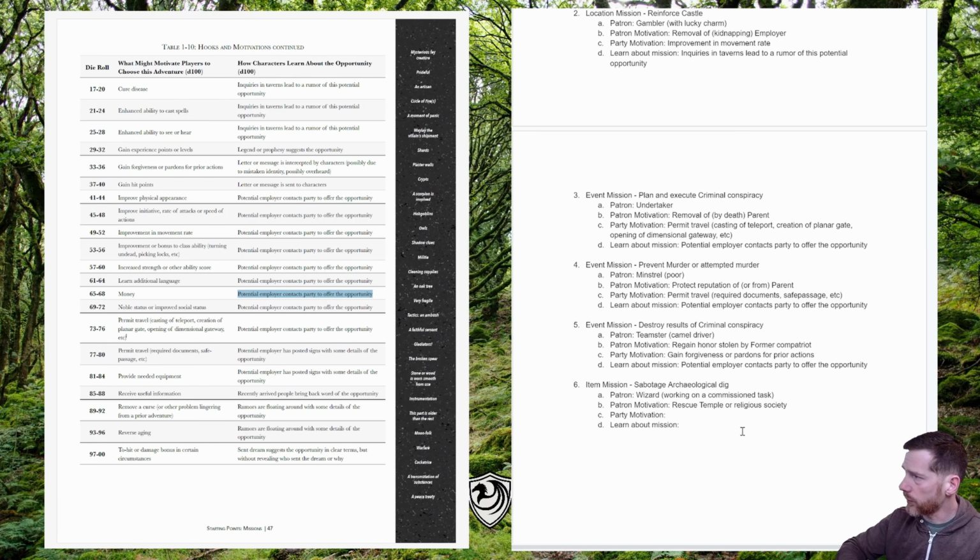And for our wizard, the party motivation is to learn an additional language. Okay, so maybe there's a dead language that the party needs to unlock access to. And this wizard either knows the language, has resources, or contacts who have the resources.